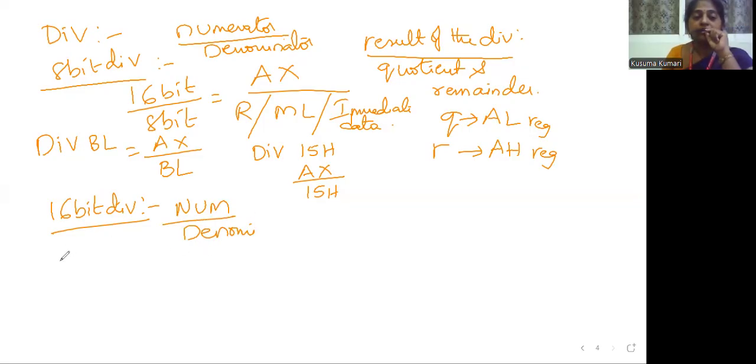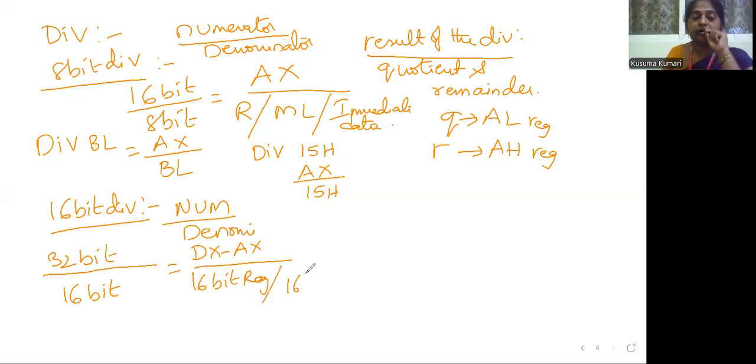The numerator is compulsorily 32-bit and the denominator is 16-bit. The 32-bit numerator is available in the DX-AX register pair, divided by any 16-bit register, 16-bit memory location, or 16-bit immediate number.